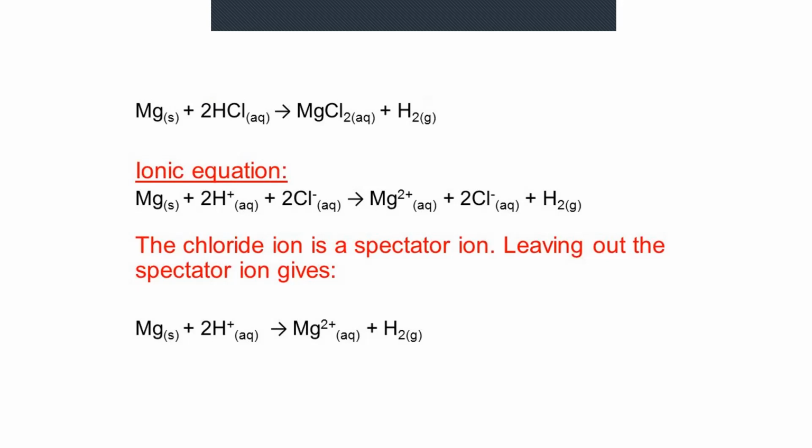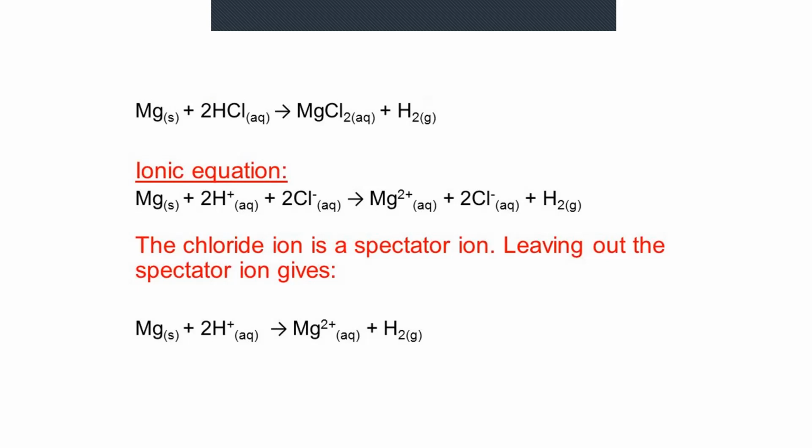Remember that anything in aqueous solution is separated into its constituent ions. So hydrochloric acid, for example, is separated into H+ ions and chloride ions, making sure to indicate that there are 2 of each because we still want to have the equation balanced. And in the products, we have magnesium ions, chloride ions, and hydrogen gas.